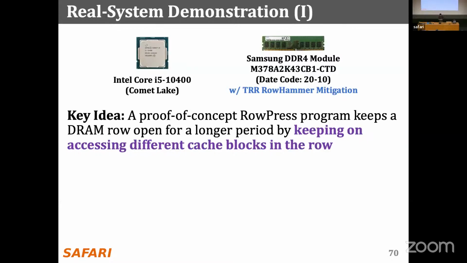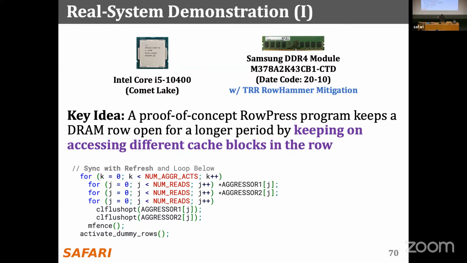So what we do here is keep accessing different cache blocks that belong to the same aggressor row, and we keep doing this. We generate a lot of row hits, so we can train the memory controller to think that it should keep the row open longer because there will be many row hits in the future.